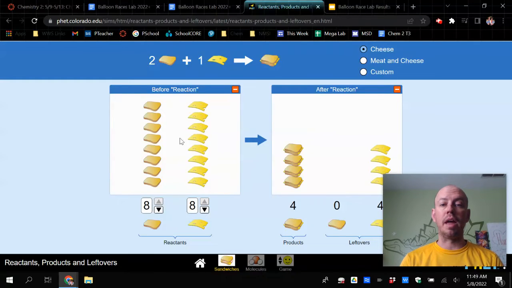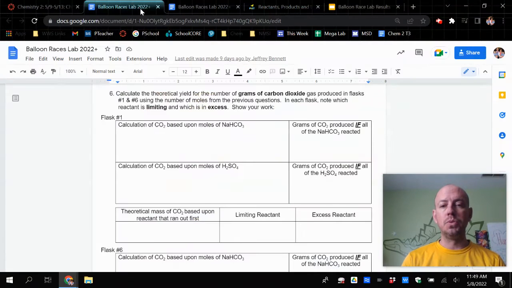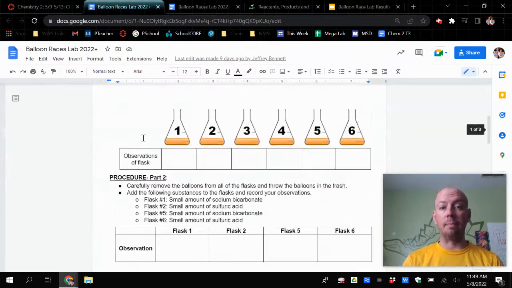This idea of bread and cheese making grilled cheese sandwiches is exactly what limiting and excess, or reactants, products, and leftovers is all about. It's just a little bit harder in terms of stoichiometry, or the reaction, the recipe isn't quite as obvious.